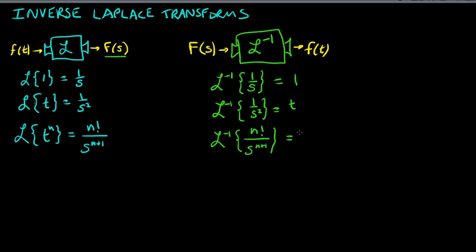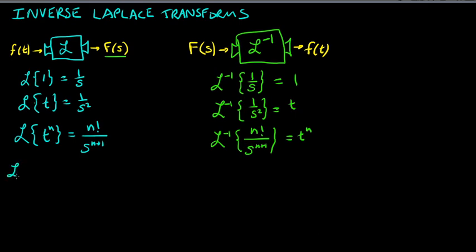That has to be t to the n. Now, you can play around with this. If you just want to do, say, s to the n, then you would do t to the n minus 1. But I'm just going to leave it in this form here, if that's okay.